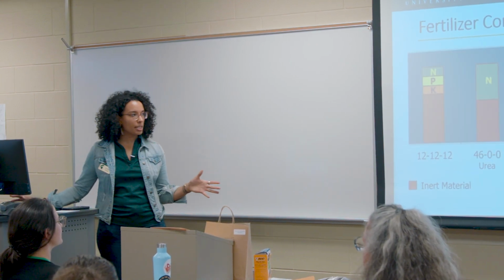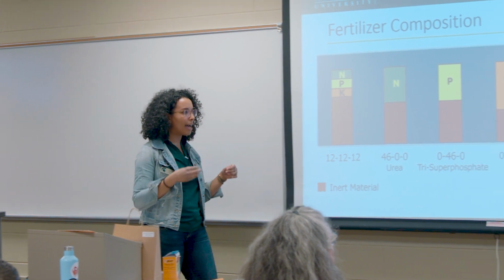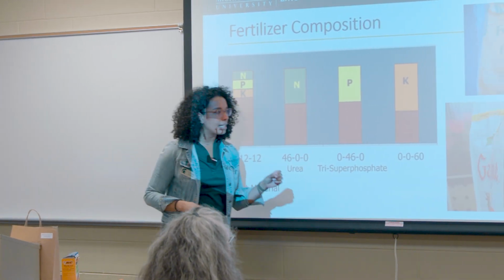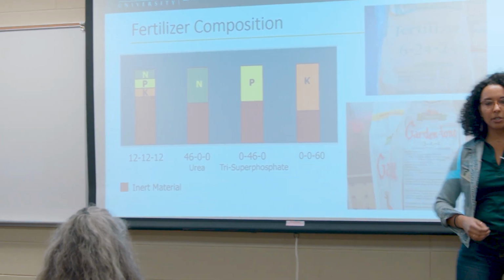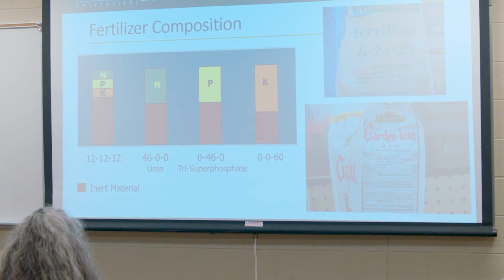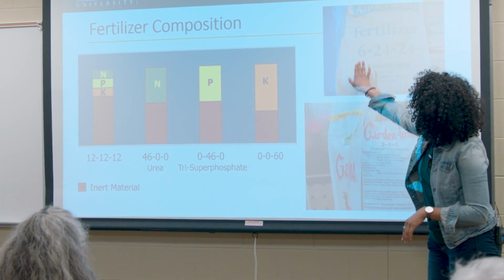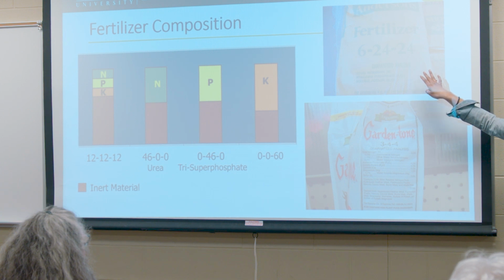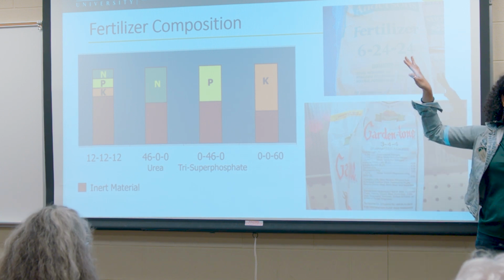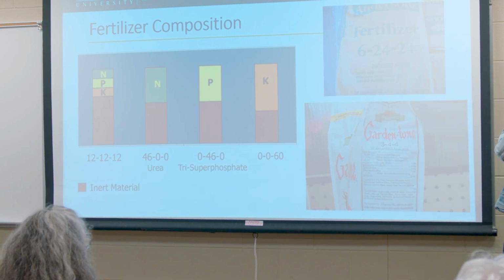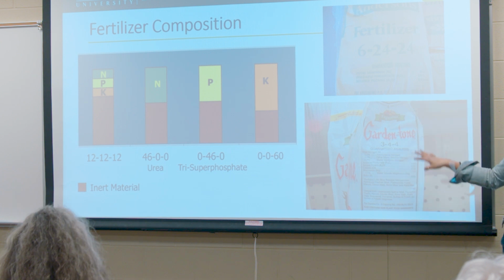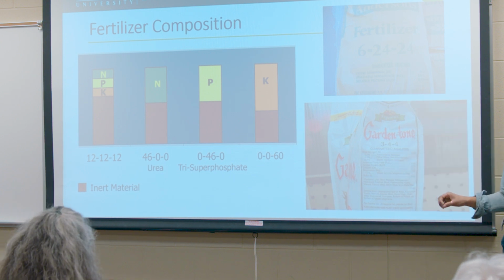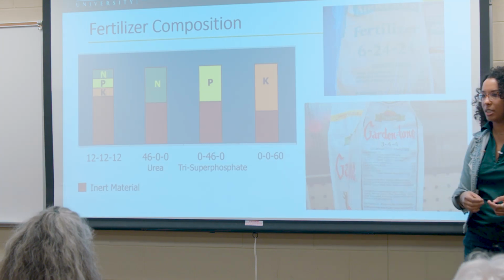I'm not going to go too deep into this because this is a lot of math, but just to consider, how are fertilizer bags labeled? There are also some composts that are labeled this way. NPK: nitrogen, phosphorus, potassium. These numbers are the percentage of that element in the fertilizer. So when you're buying a fertilizer, be aware of the percentage of the element that you're actually getting.